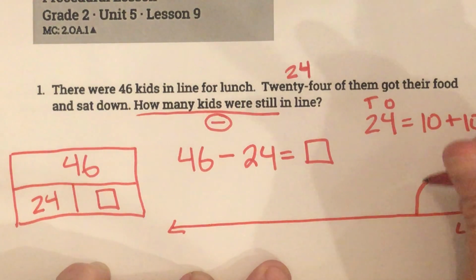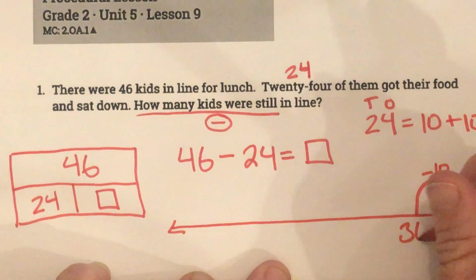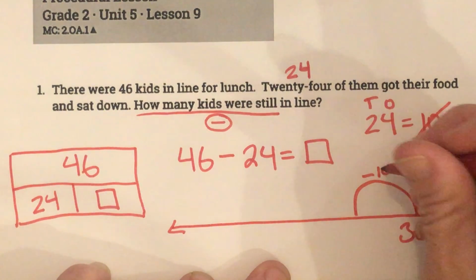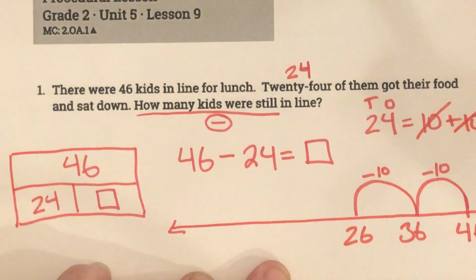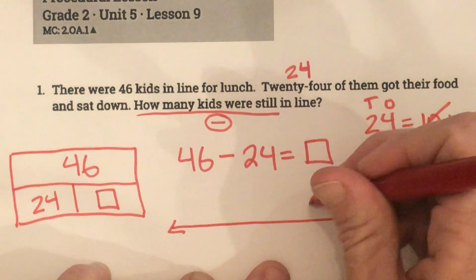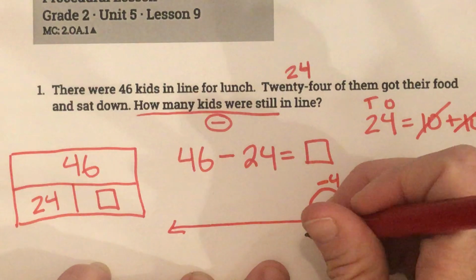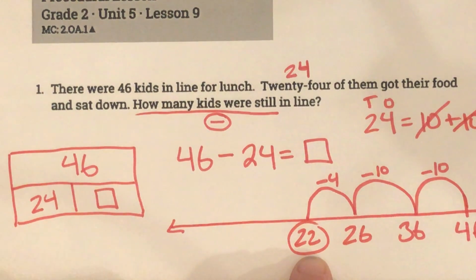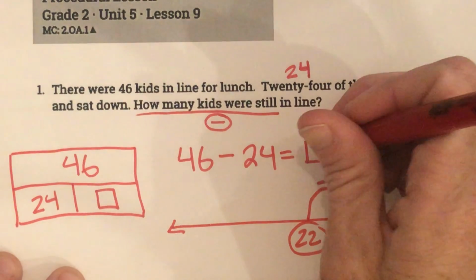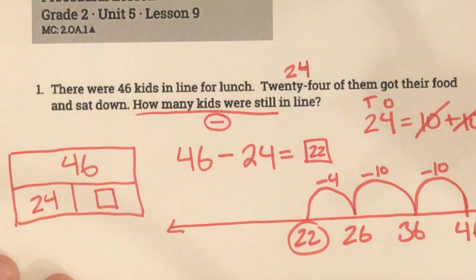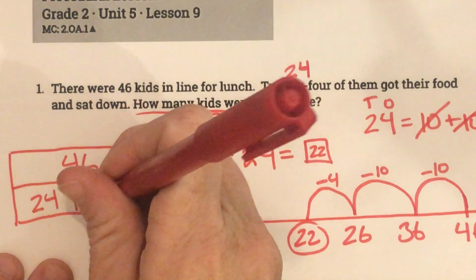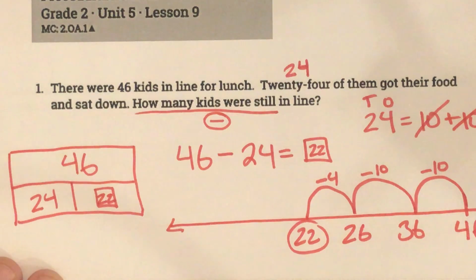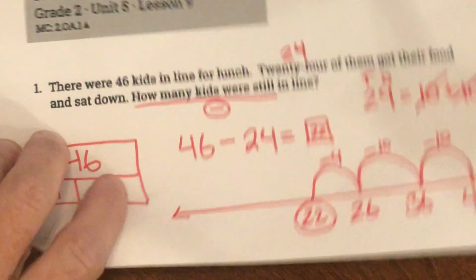So if I say 46, take away 1 ten, I get 36. 36 take away 10 is 26. And 26 take away 4 is 22. So my difference, or my missing part, is 22. And that makes sense, boys and girls, because 24 and 22 together will make 46, my whole. Okay, let's look at another one of these.